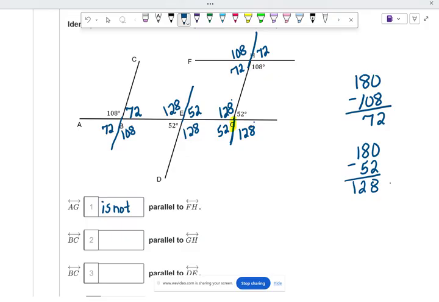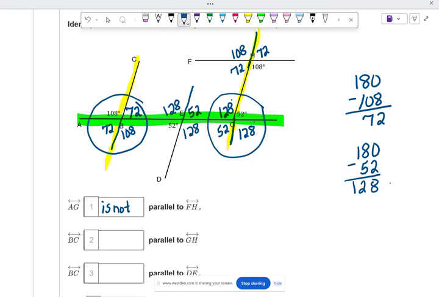All right, let's check out the next one, BC. Line BC is right here. Line GH is right here. They are connected by a transversal. Do the measures on this yellow line match the measures on that yellow line?